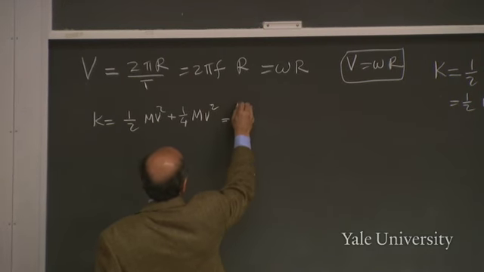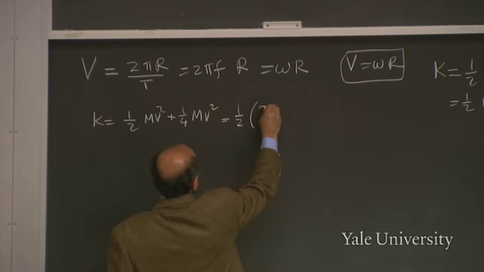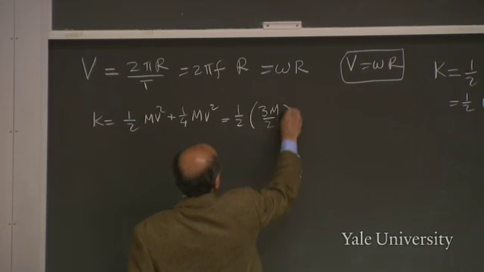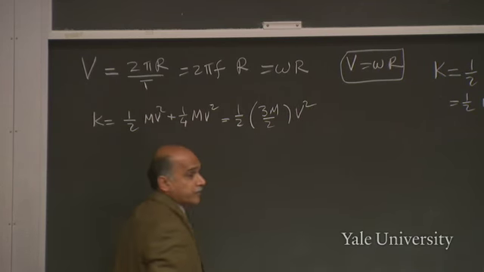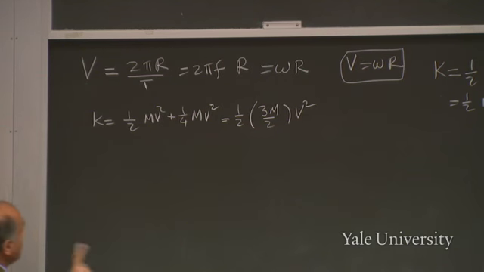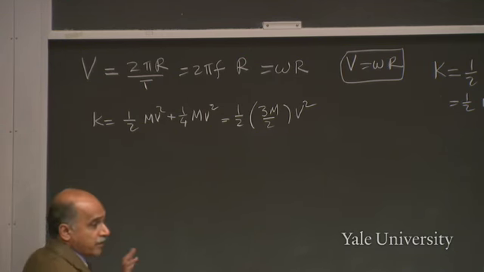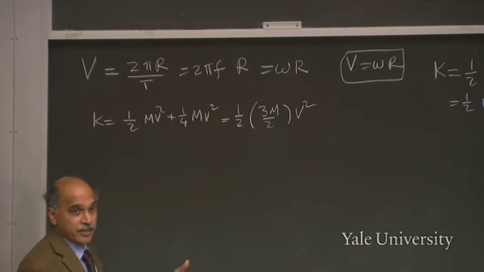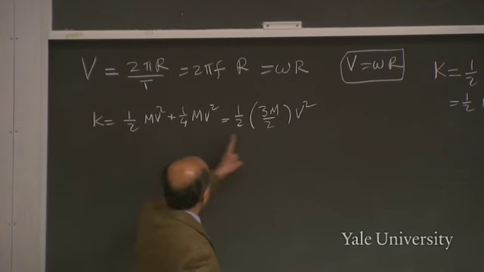So you can write it as 1/2 times 3m over 2 times v squared. So the kinetic energy of a rotating tire is not just 1/2 m v squared. If it's rolling without slipping, it's incumbent on the tire to have some rotational energy that's correlated with this translational energy. So the total energy will be this.